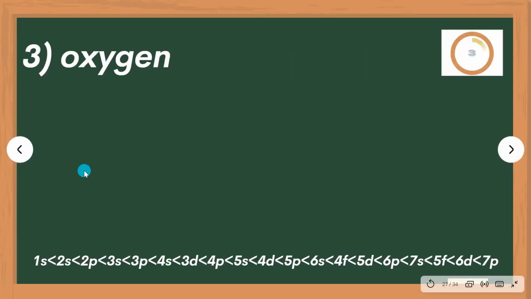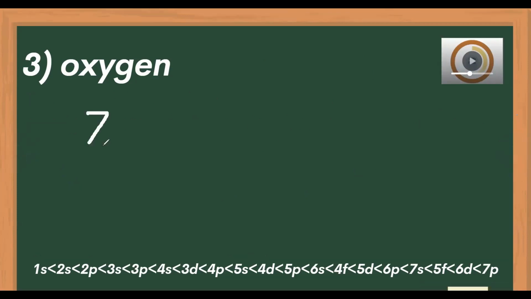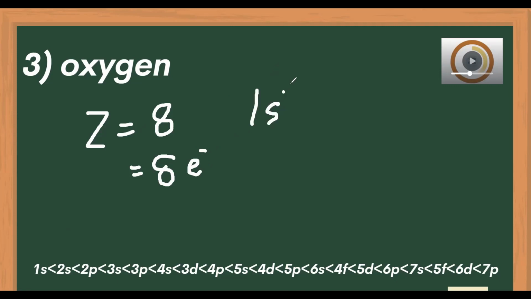So since oxygen has 8 electrons, let us write here the atomic number of oxygen and how many electrons it has. All right, so oxygen has 8 electrons, and for its electronic configuration, you have 1s2, 2s2, and 2p4.